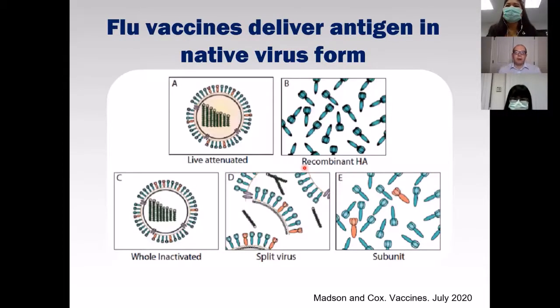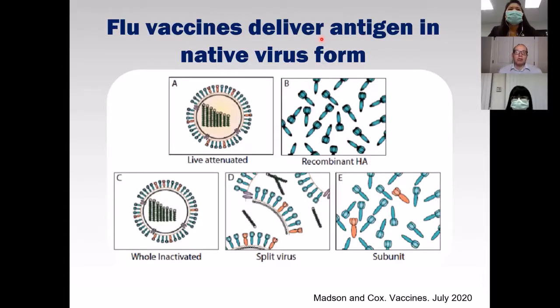What is very different at the moment is how these two vaccines actually present those glycoproteins to the host immune system. With influenza, we're essentially delivering that vaccine antigen, or that hemagglutinin protein, to the immune system in sort of native virus form, just like that protein sits on the surface of a virus.